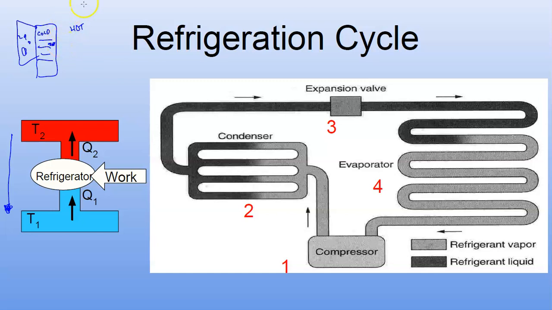And what your refrigerator actually does is it says, I'm going to take the heat that is inside the refrigerator and throw it outside into the room. I want to take heat from cold inside the refrigerator and push it outside to where it's hot. Right?